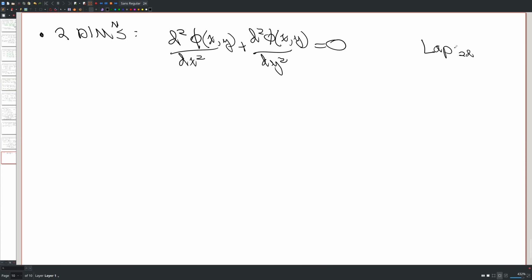Because if it was not, it would mean that there would be a force remaining on the point, and the point will move in response to the force until the force is zero. So the way you visualize a solution to a two-dimensional Laplace equation is by thinking about such a membrane that has boundary conditions set by shifting the height of the edges, and then the membrane adapts to this.